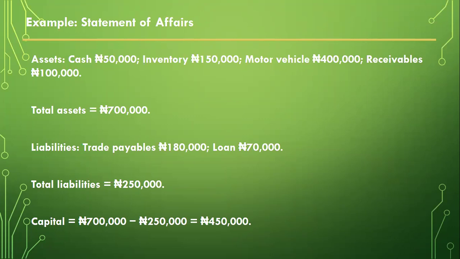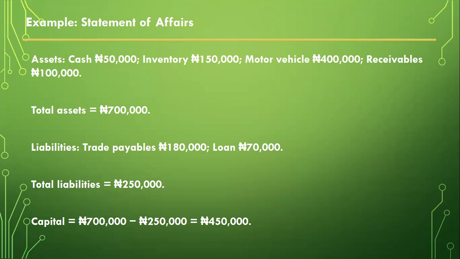Here, where we have our cash, our inventory, our motor vehicle, our receivables, if we add all these four items together, our total asset is going to be 700,000. And for our liabilities, our trade payable is 180,000 and our loan is 70,000, adding up to a total liability of 250,000 naira.